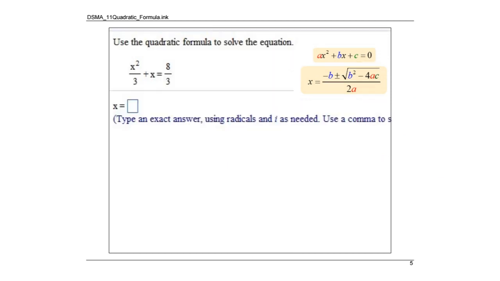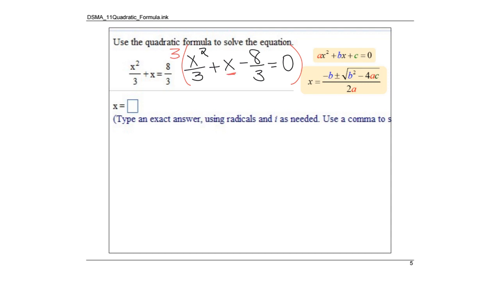All right, so once again, we have not in standard form, and we also have fractions. So let's go ahead, put it in standard form first. So I'm going to move that 8/3 over to the left. And then we have a common denominator of 3. So I am going to multiply every single term by 3.